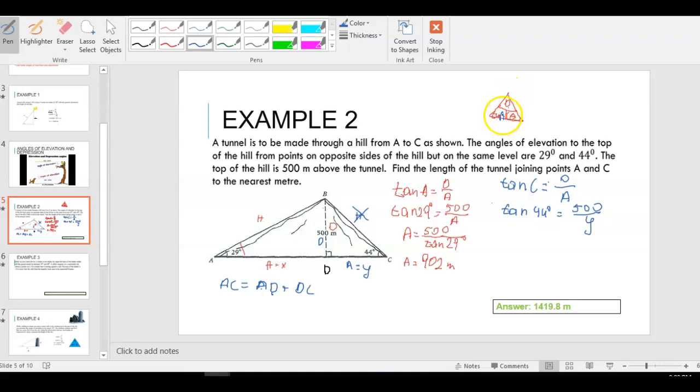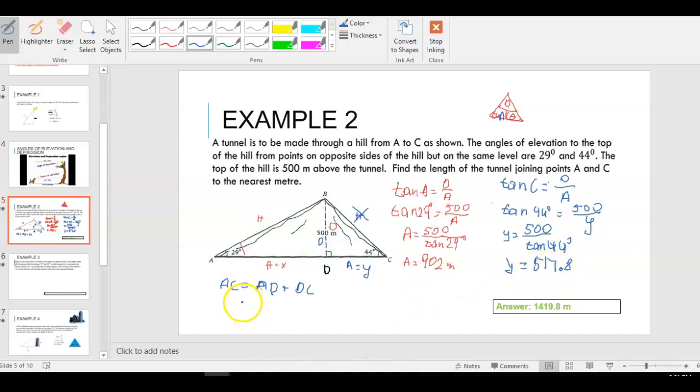We have O and tangent, we need A. Cover A, y in this case, y equals 500 divided by tangent of 44 degrees. Put that into your calculator. Y equals 517.8. Okay, that is the value of y.